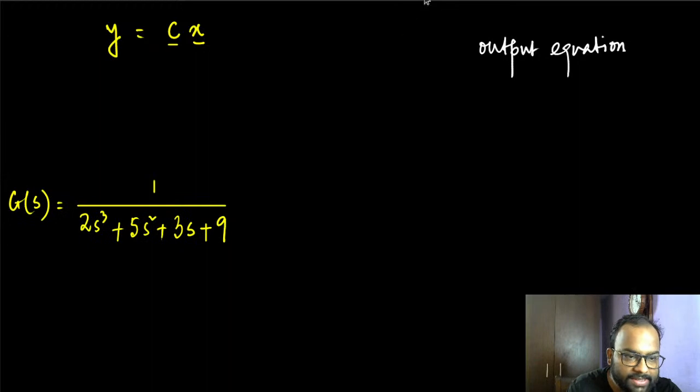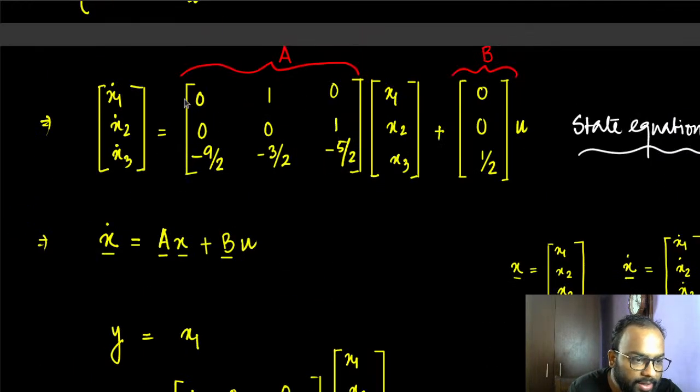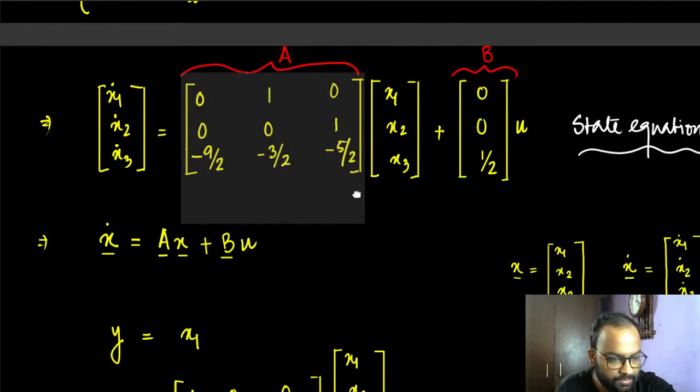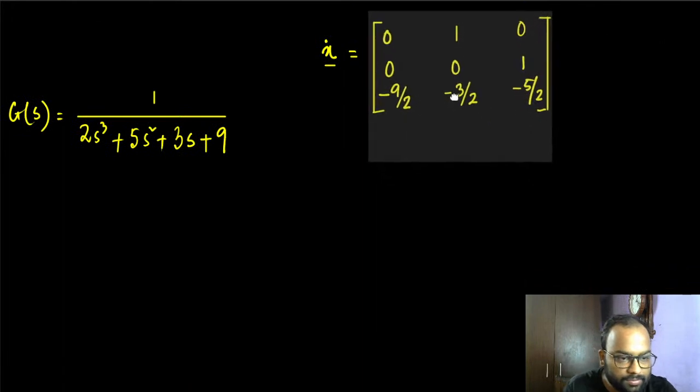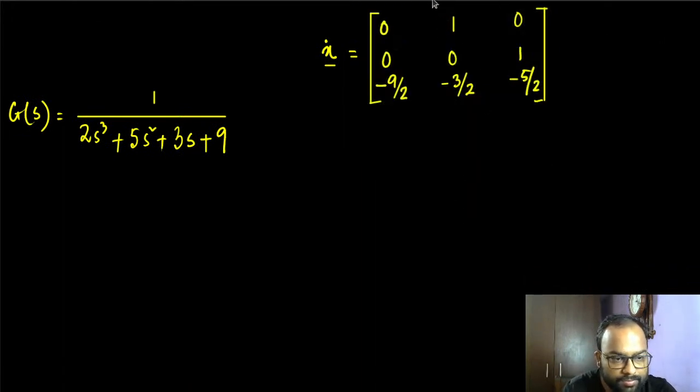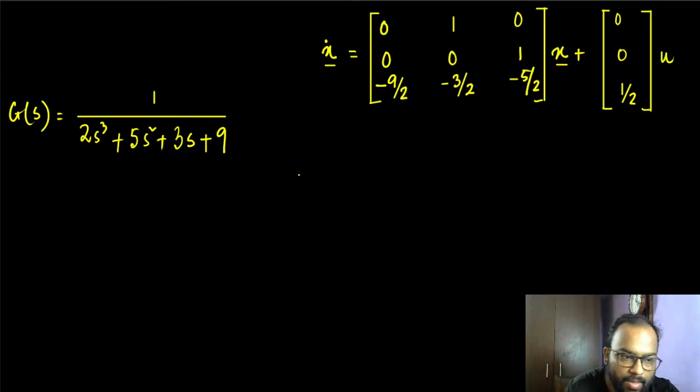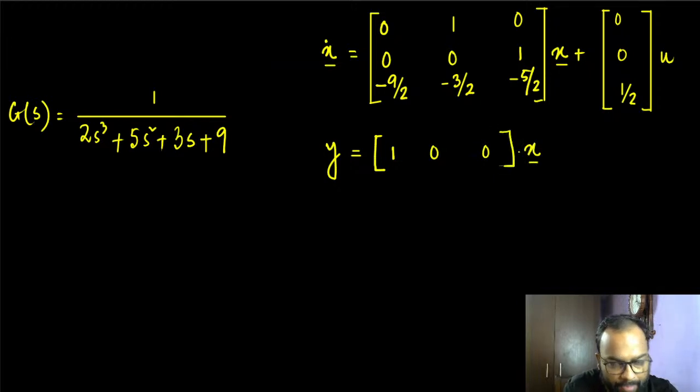The state space model was simply this differential equation: x dot is equal to Ax plus Bu, where A is this, and B is this, and y is equal to Cx, where C is this.